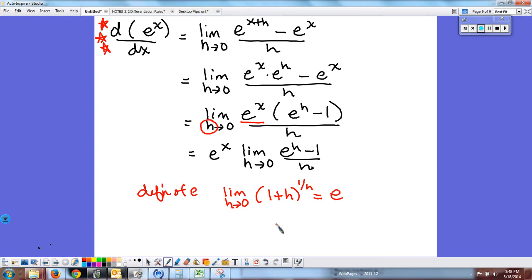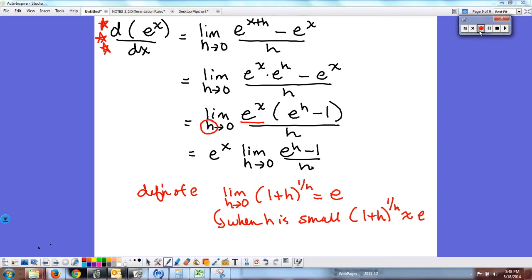So basically what that tells us is that when h is small, 1 plus h to the 1 over h should be approximately e. It should be close to e. And what that tells us is that e to the h can be approximated.